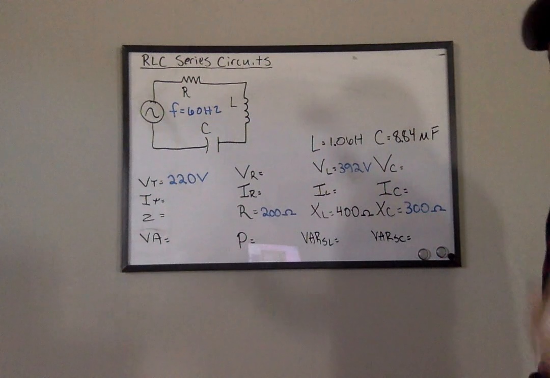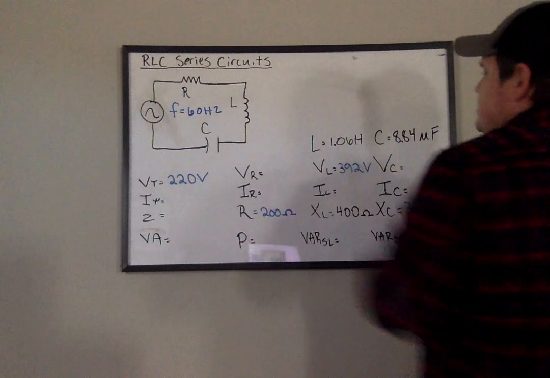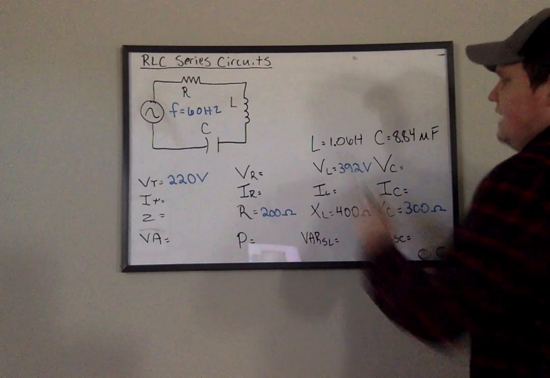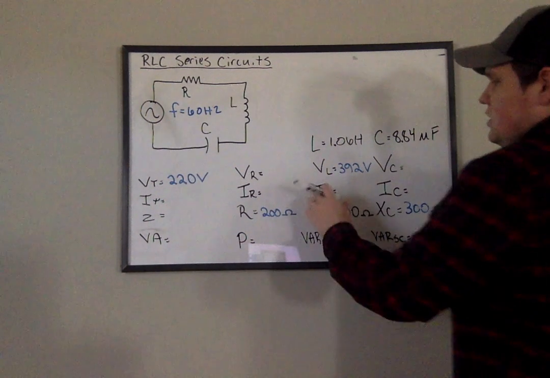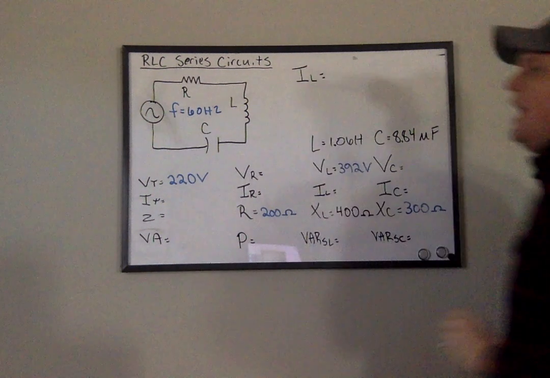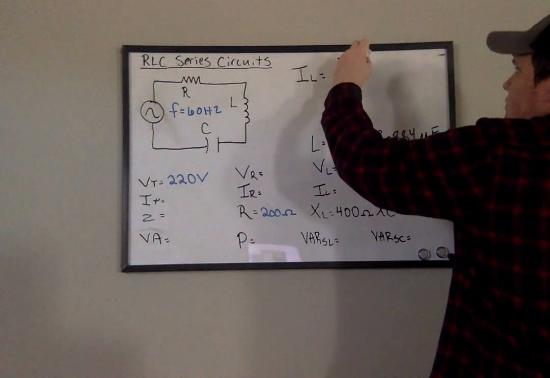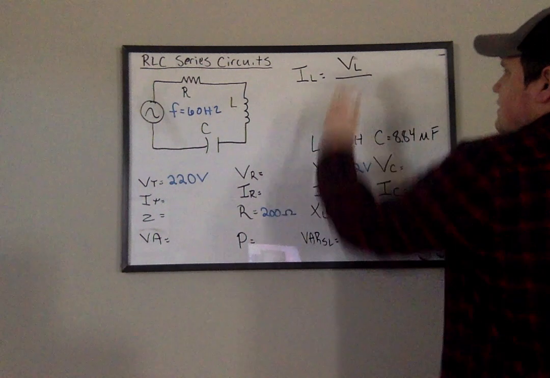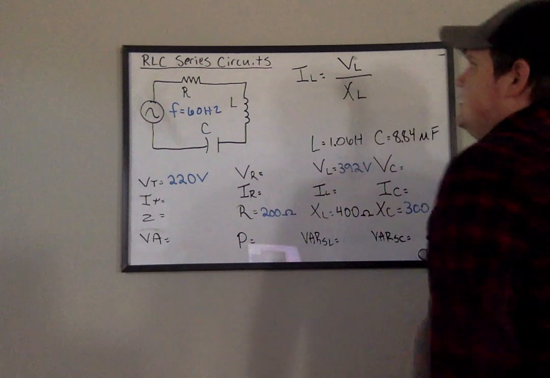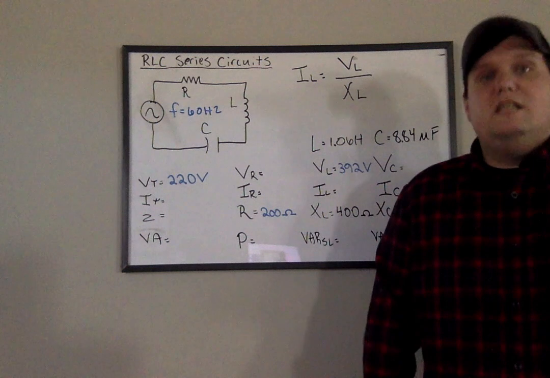So in order to find current, I'm just going to use Ohm's Law. That is going to be current through the inductor. So IL is equal to VL divided by XL, because it's volts divided by ohms to give me current.